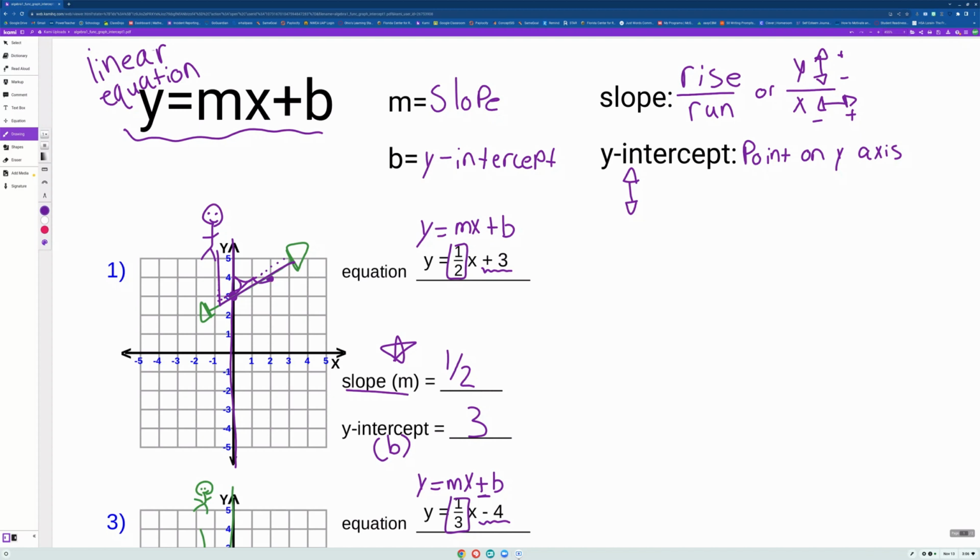When I'm moving up on my y-axis, that's positive. When I'm moving down, that's negative. When I'm moving to the left on my x-axis, that's negative. And when I'm moving to the right on my x-axis, that is positive. The b in my equation is going to stand for my y-intercept. And when I say y-intercept, I'm talking about the point on my y-axis.